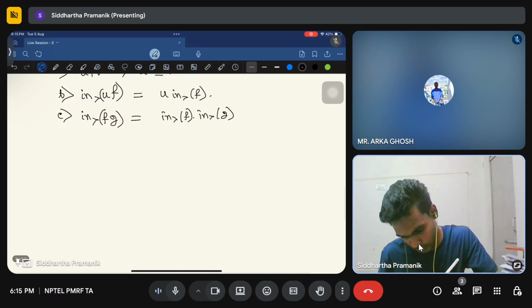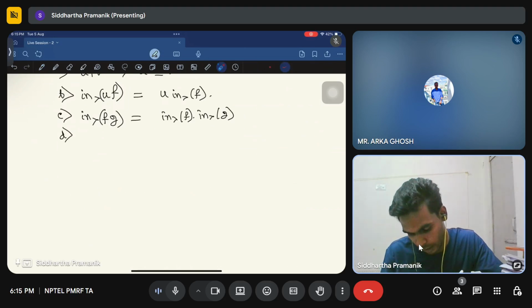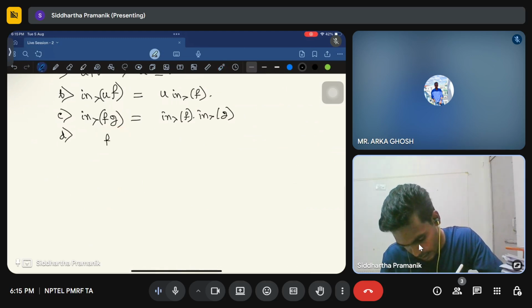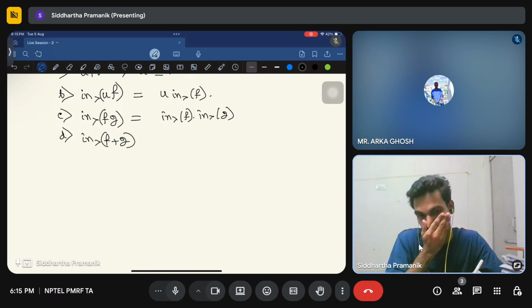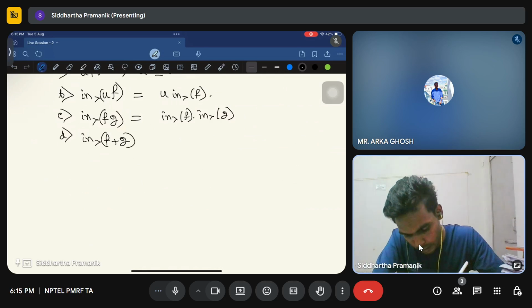And okay, part D: we have taken the product, so we can take the sum also, or the difference. Let's take the sum and ask about the initial term of the sum. Then we will see that it is less than or equal to the maximum of the initial terms of the individual polynomials.